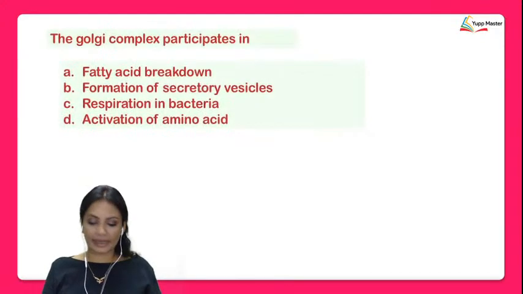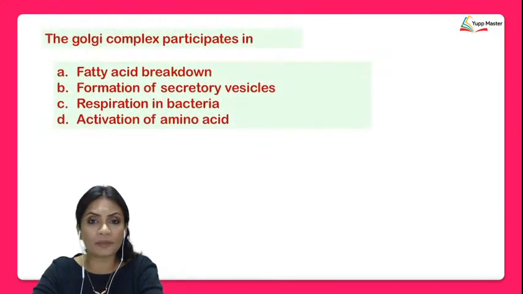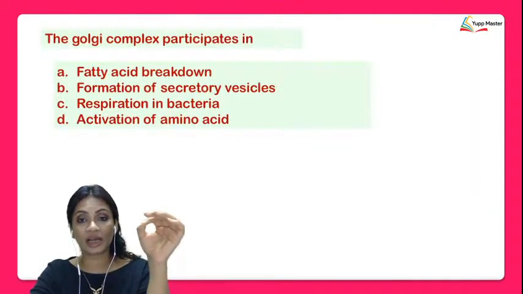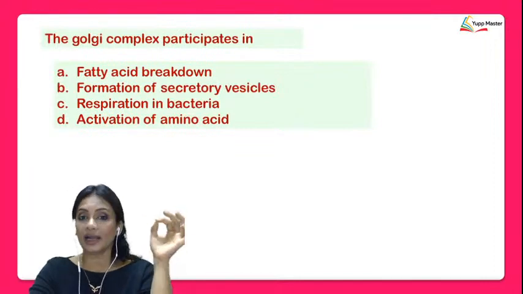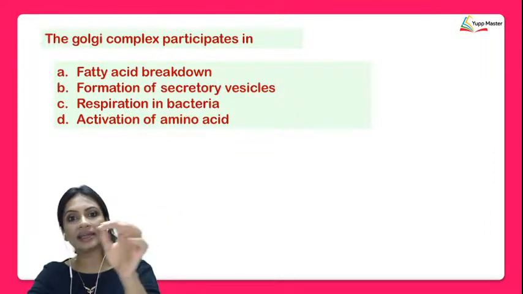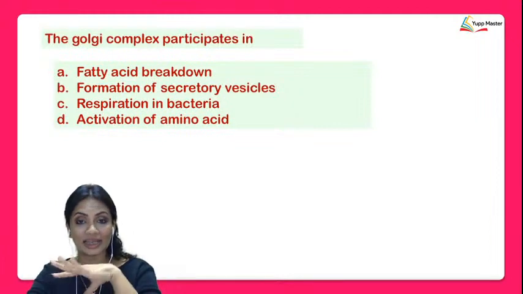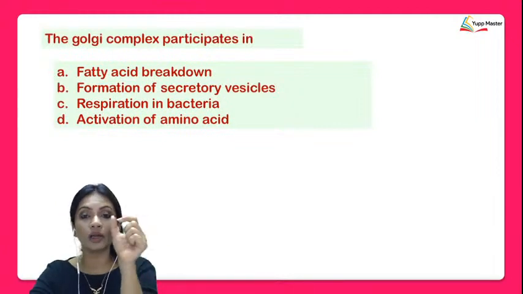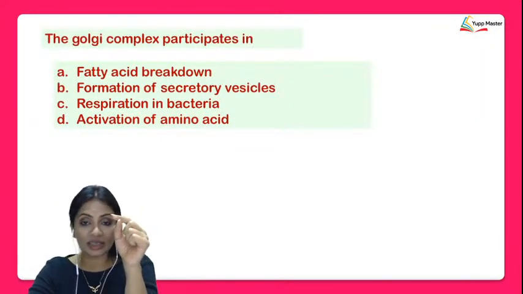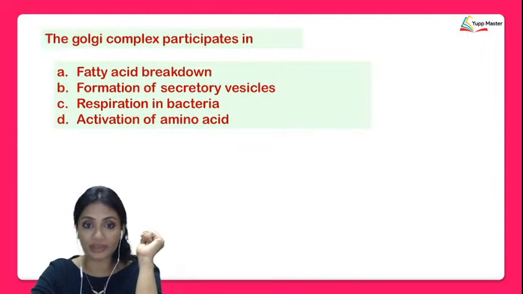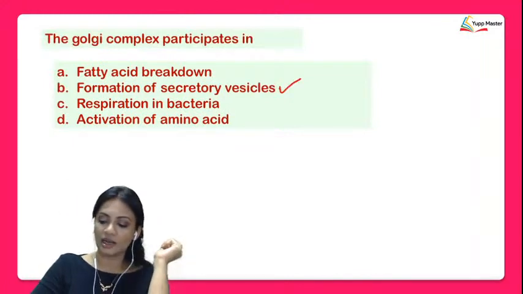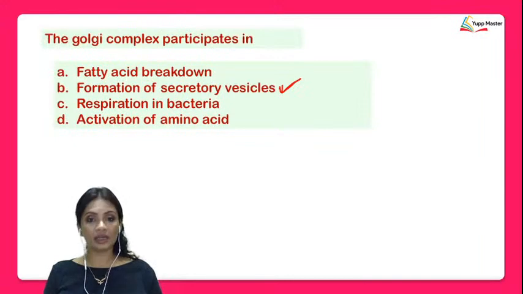Next, Golgi complex participates in what? What is the main function of the Golgi complex? Do you remember that the Golgi complex arises from the endoplasmic reticulum? It forms vesicles, I had told you. There are small vesicles which are formed as part of the Golgi bodies. So here the correct answer is that it participates in the formation of secretory vesicles.